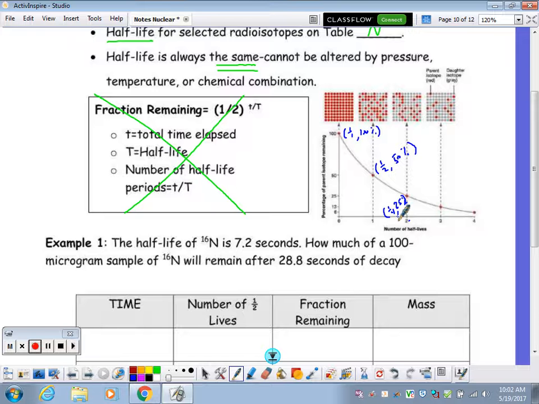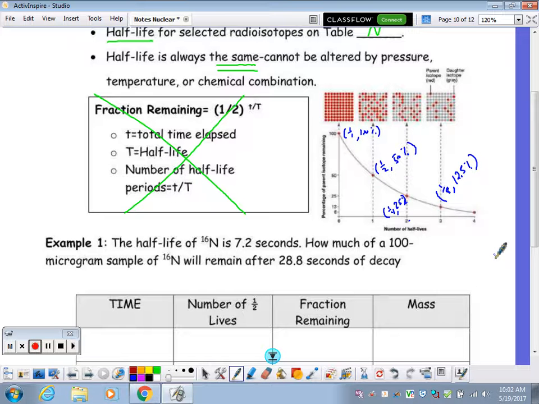Okay, and I'll go to one more. At the end of the third half-life cycle, only 1/8 of the original sample is still radioactive, which is around 12.5%.